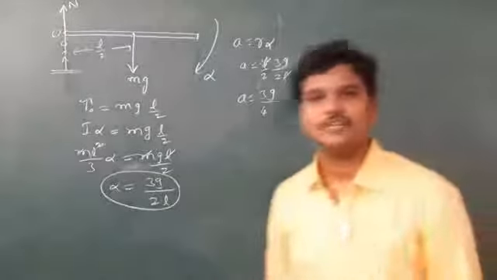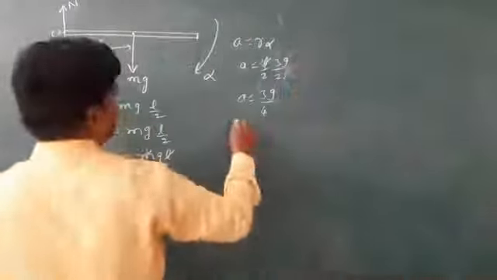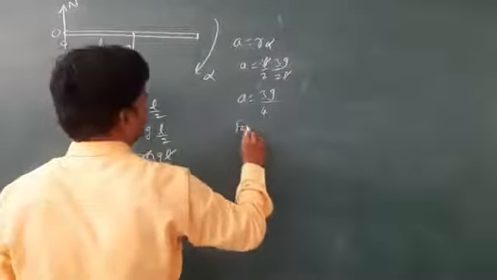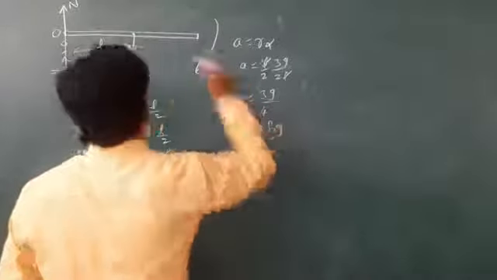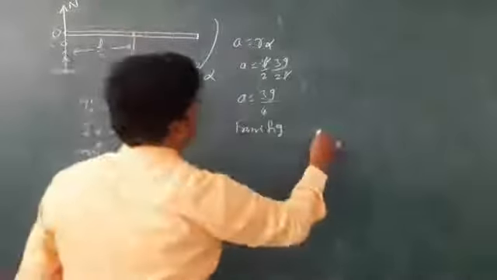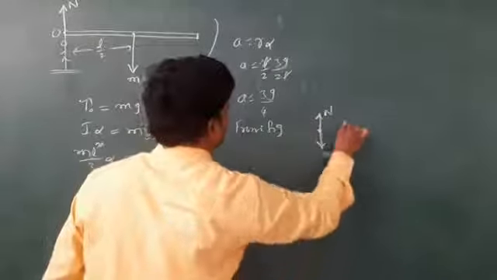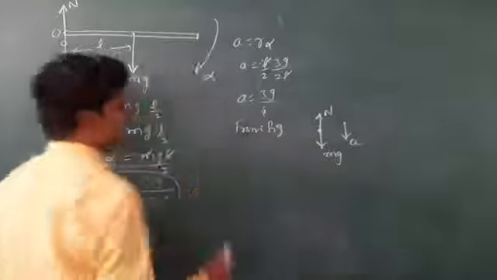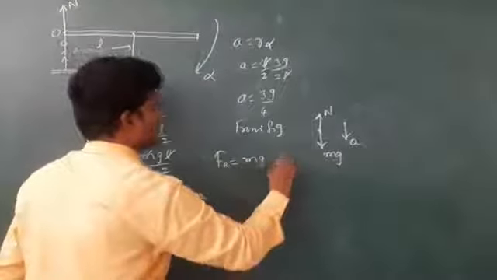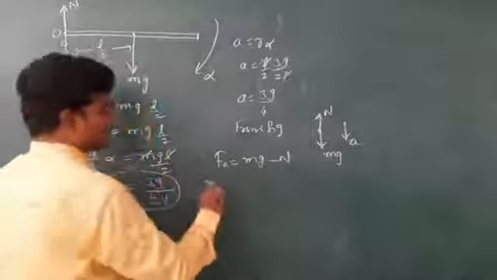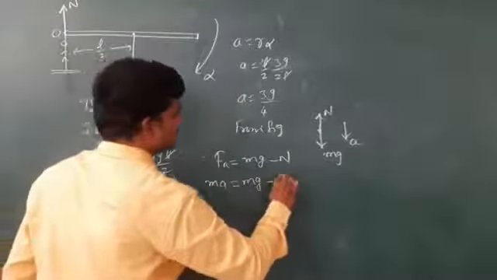Then you can apply the free body diagram. In the FBD of this diagram, N is upwards and mg is downwards, and of course the rod moves with an acceleration a. So the net force is mg minus N, which equals ma.